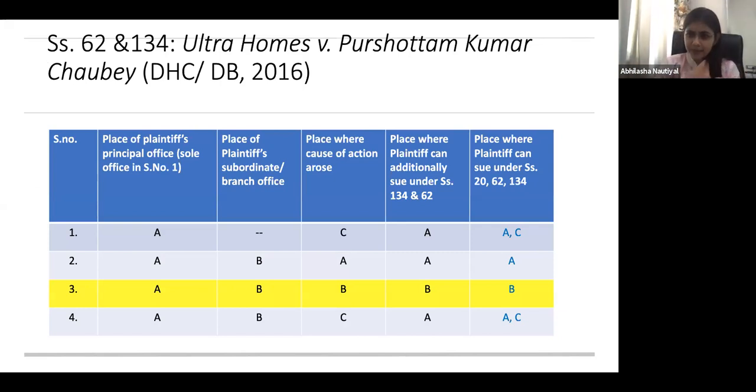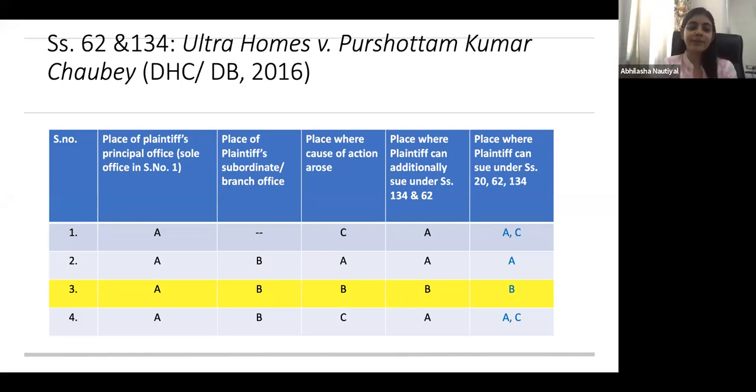Other high courts have taken different views on this issue, but as far as the Delhi High Court is concerned, this is the view: once there is an overlap of cause of action or part of cause of action, and the plaintiff carries on business or resides or voluntarily or actually works for gain, then the jurisdiction of the sole or principal office of the plaintiff is ousted. So you cannot go under 134 and 62 based on just the principal or sole office.